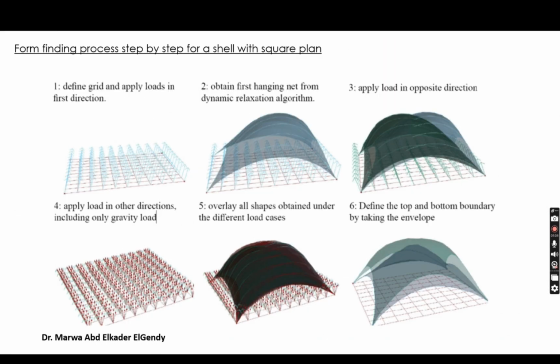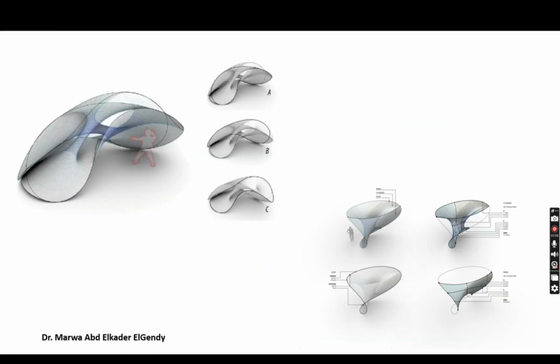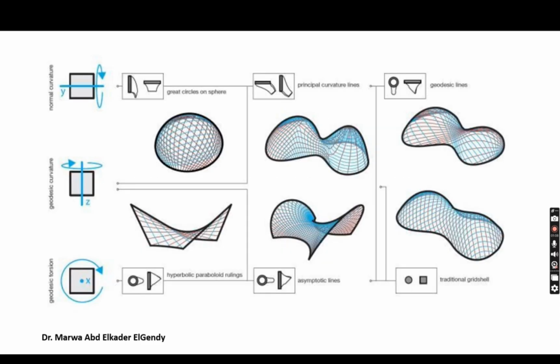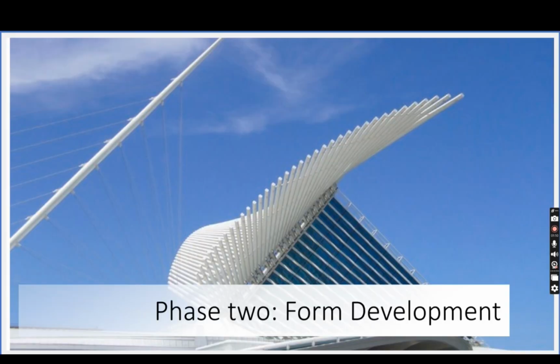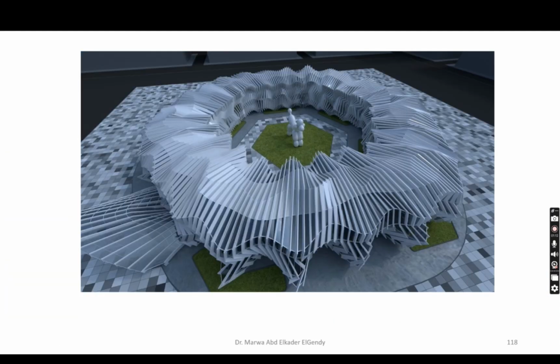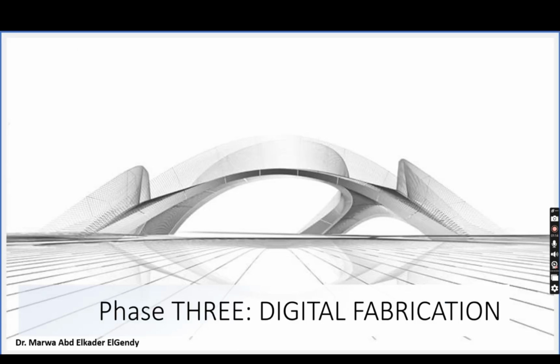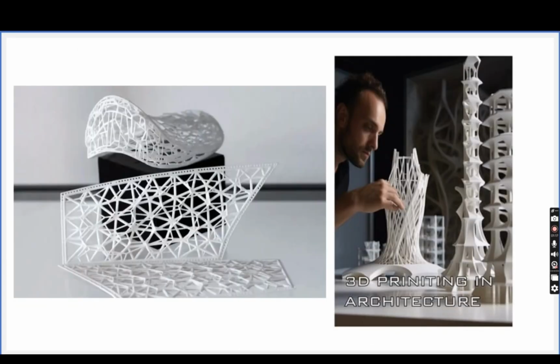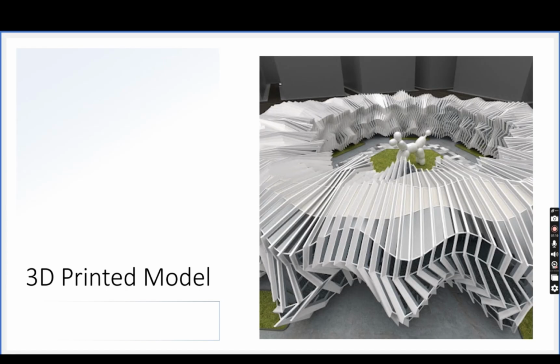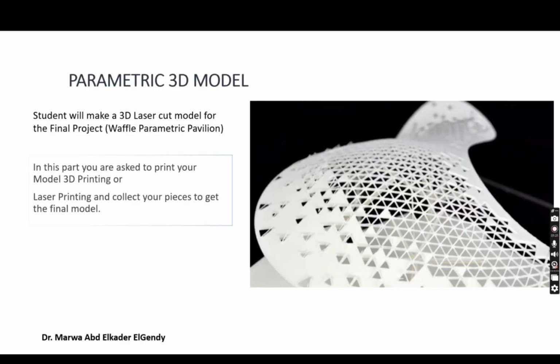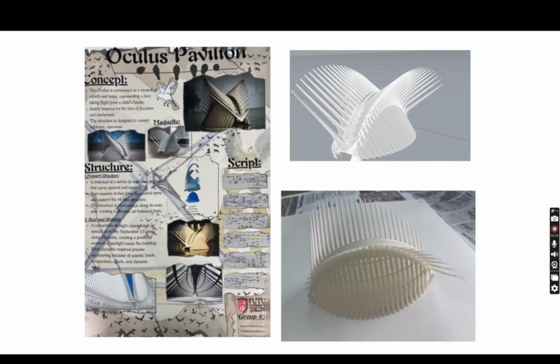First, the form generation: you can produce any of these forms in your program, then form development, and then the final stage of digital fabrication and how to finalize your work. This is the whole idea of the workshop.